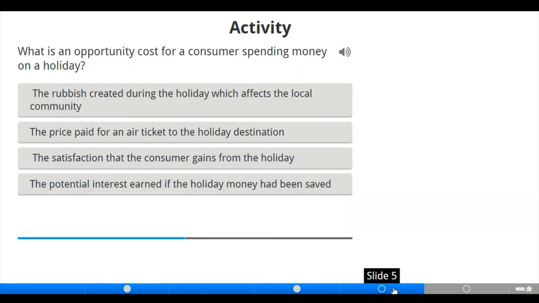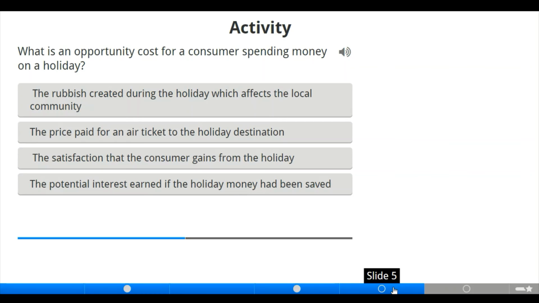Moving to the next slide, where we have an activity also. I think this one is related to your past question. What is the opportunity cost for a consumer spending money on a holiday? The rubbish created during the holiday which affects the local community? No, that should not be the answer. The price paid for an air ticket to the holiday destination?